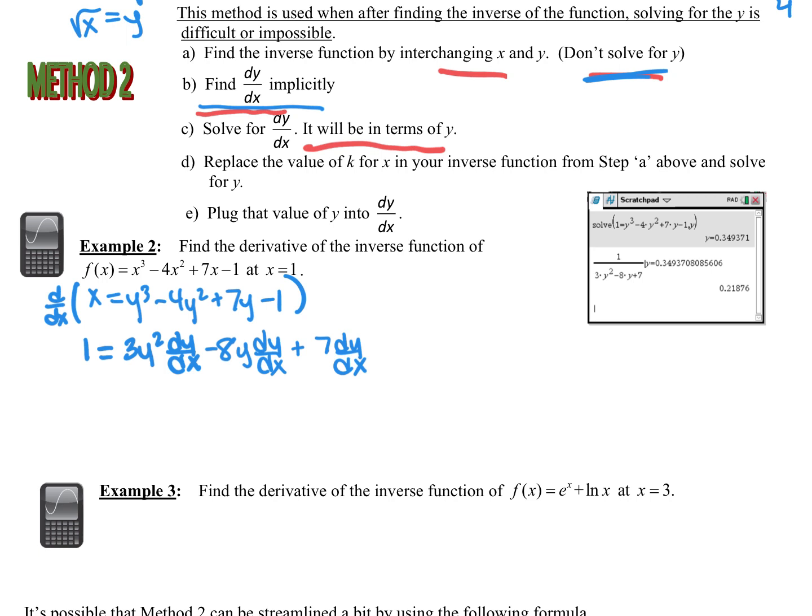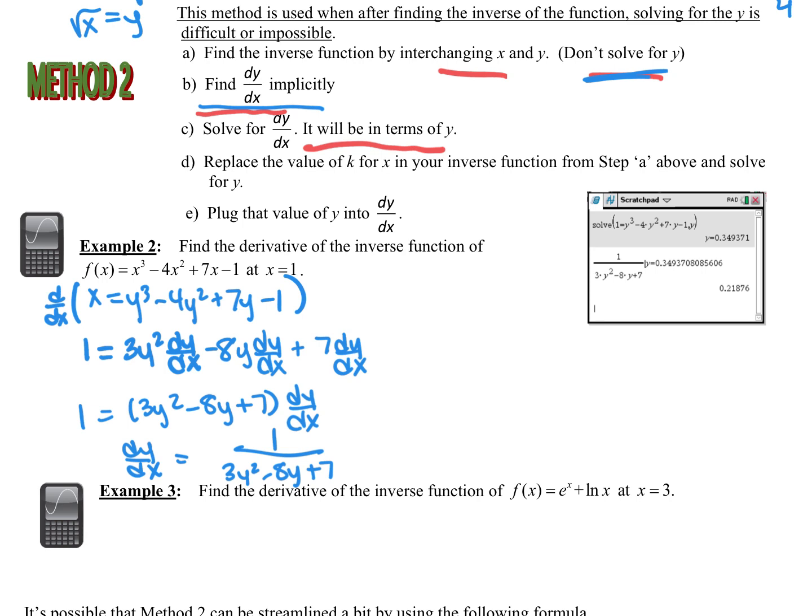So then we'll factor out our dy/dx like we usually would when we're doing implicit differentiation, and then we'll divide. So we'll have that dy/dx is equal to 1 over 3y squared minus 8y plus 7.